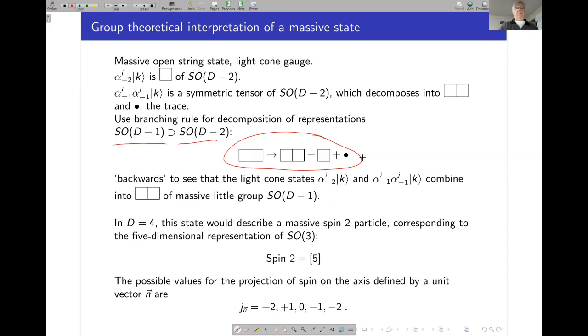It then precisely gives you the content that we have found in our light cone scheme. In 4 dimensions, such a state would correspond to a massive spin 2 particle. It's a 5-dimensional representation of SO(3), where the 5 states correspond to the 5 possible projections of the spin onto a given axis, with values between +2 and -2.